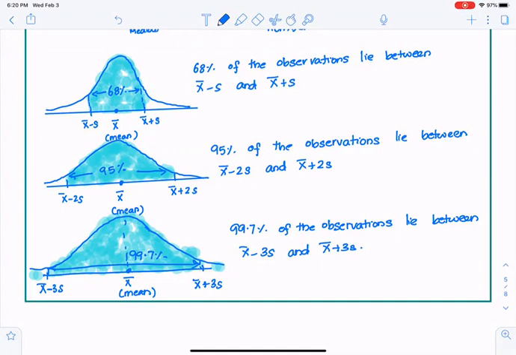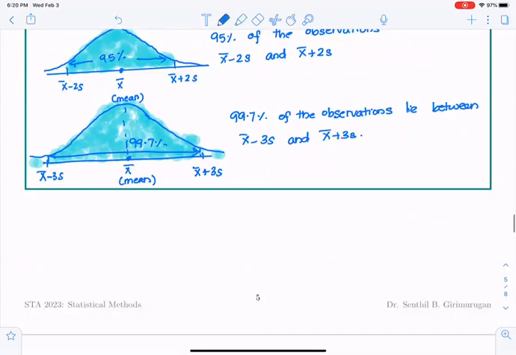So you have to keep the note in mind. Area under the entire curve is 100%.